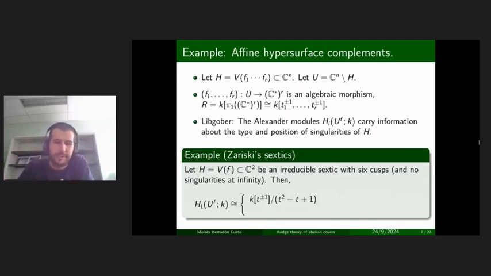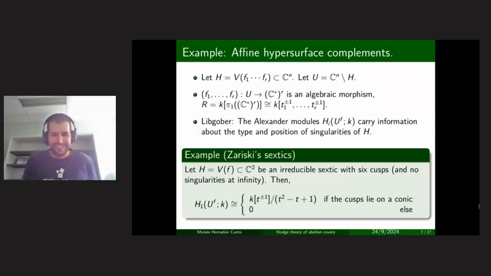And you can see that the first Alexander module is this space if the cusps lie on a conic, which, since there are 6 of them, generically 5 would always lie on a conic, but 6 generically they wouldn't, and it vanishes otherwise. And with some work, this will tell you that the complements are not homeomorphic, which, well, it's a very old example, but still seems counterintuitive to me. It feels like you know what happens locally, so how would lying on a conic change the topology, but it does.